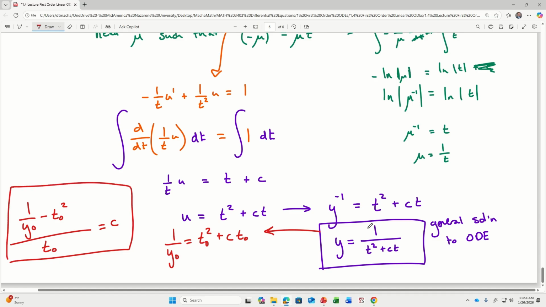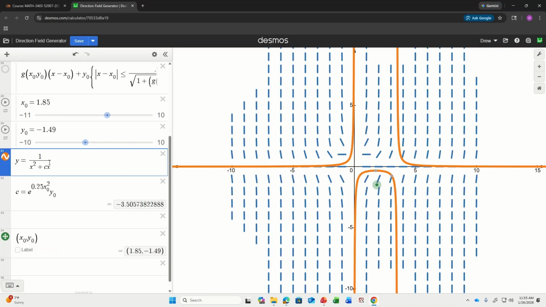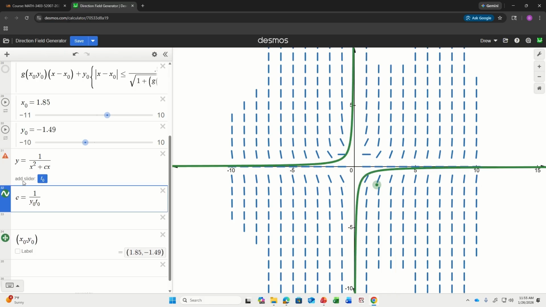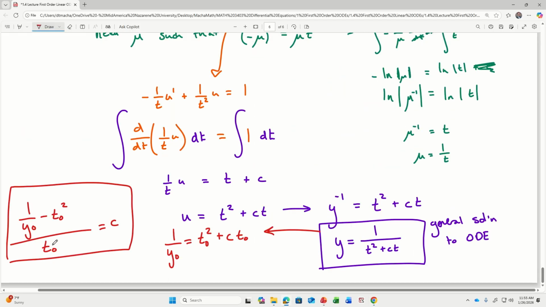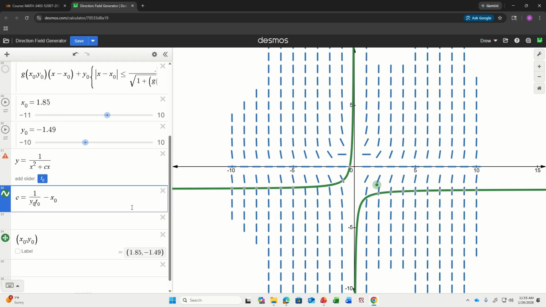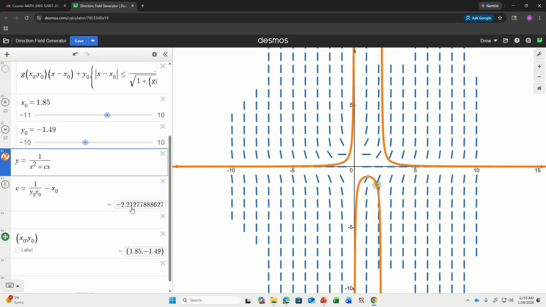Or in other words, 1 over y0 t0 minus t0. Nope, did I try to oversimplify that? Oh, I'm using t's instead of x's. Come on. Every time. There we go.